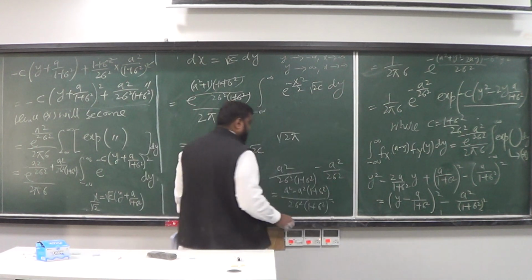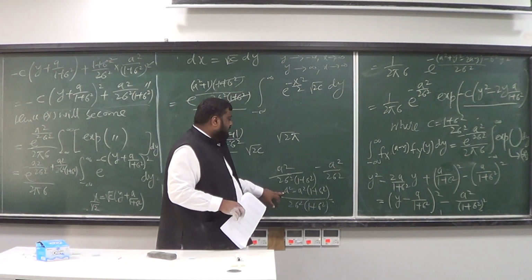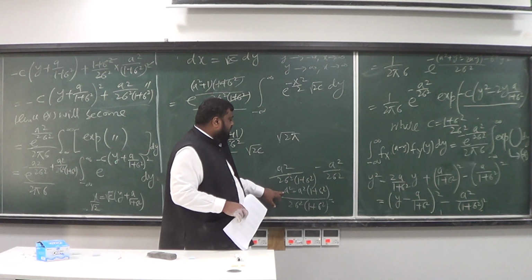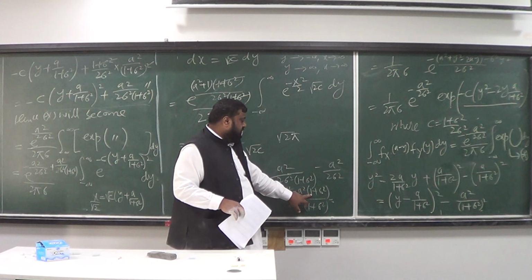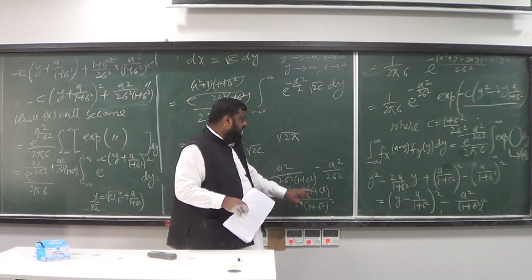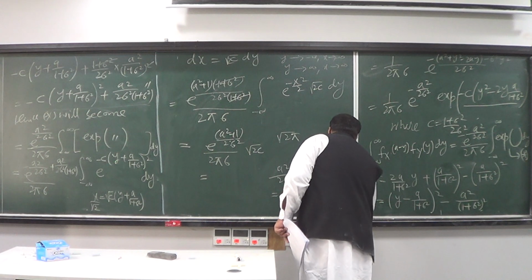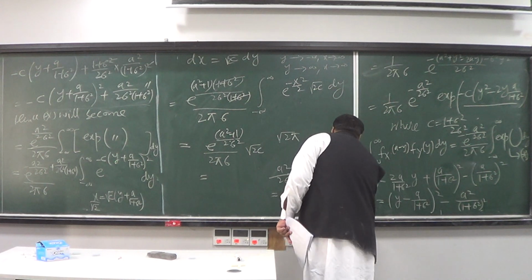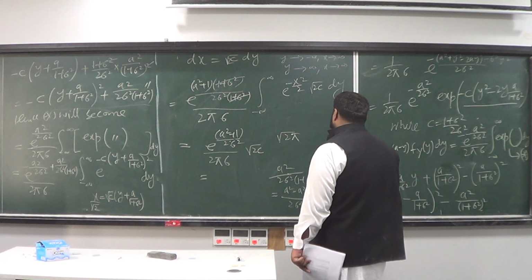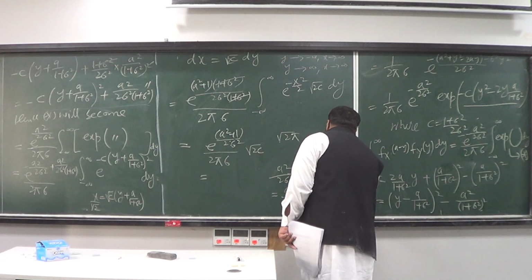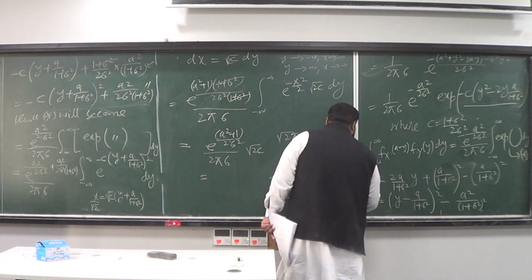So what will this become if you pull out a square? You're going to have 1 minus sigma square. So this will ultimately be equal to minus a square over 2 times 1 plus sigma square. This is precisely what we wanted.